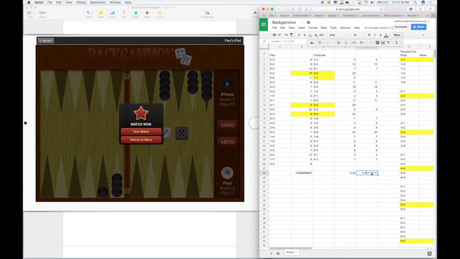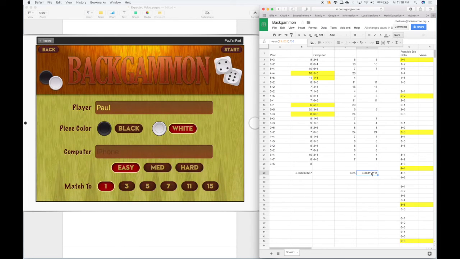For your assignment, you are going to need to play Backgammon Online on easy mode, medium mode, and difficult mode, and you are going to record your rolls, whether you won or lost, which ones you were unable to use, and which ones the computer was unable to use.